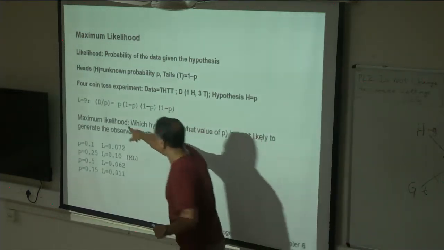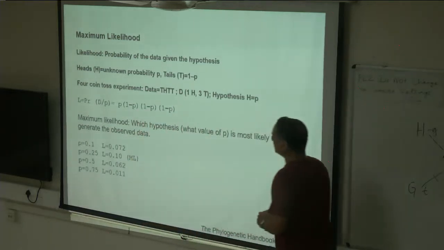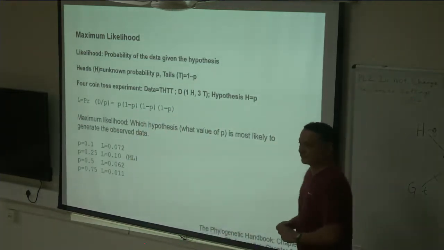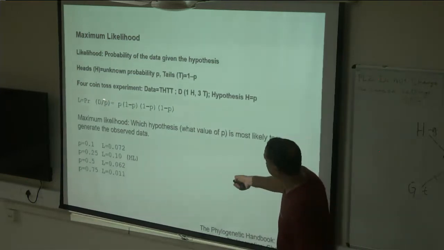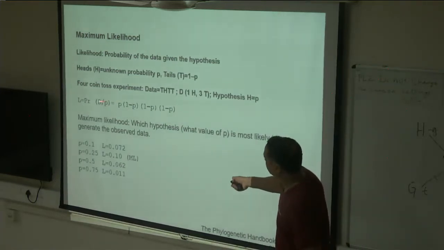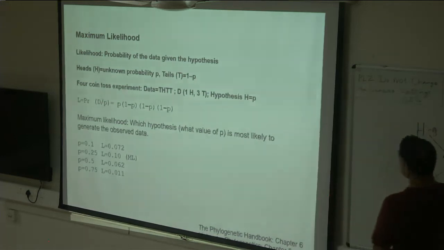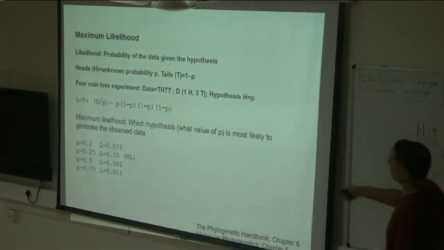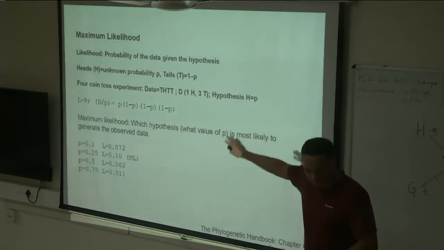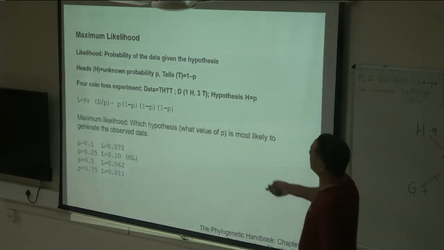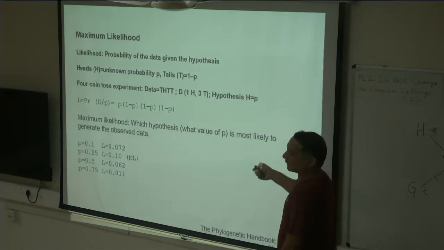I have it over here. And this small p is actually something else. It is a hypothesis, but we'll come to that in a minute. Okay, probability of the data given the hypothesis.